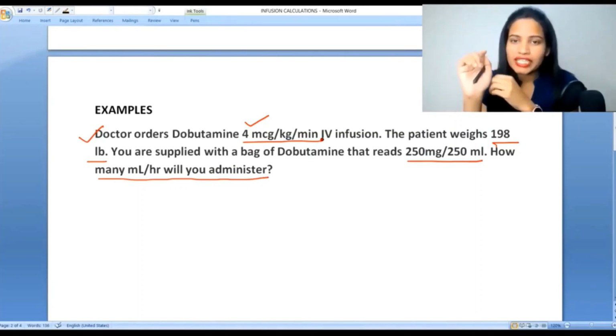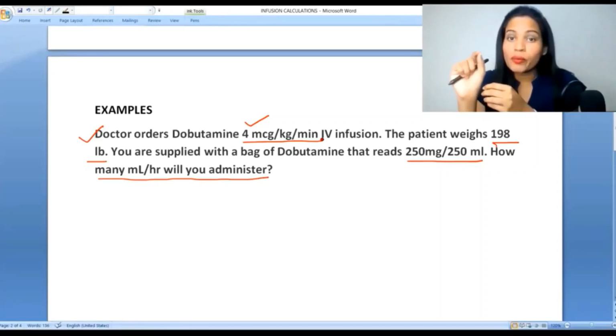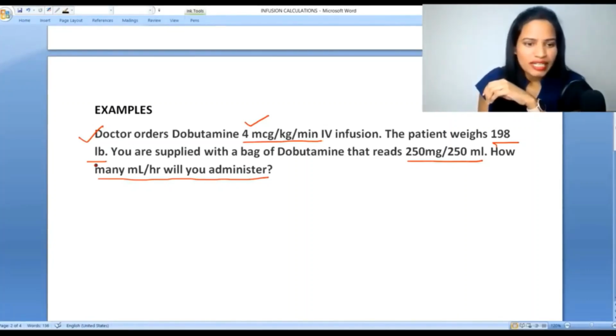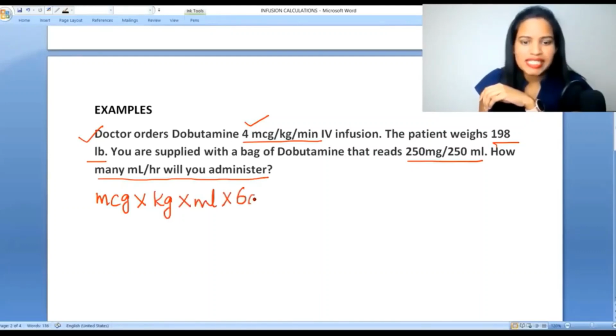But in the fluid calculation, you will be watching about ml per hour, and you will also see how many hours you have to administer. But in this, you will never have that. You will be calculating only per hour. So that's a clue. Coming to this, what is our formula? Mcg into kg multiplied by ml, means total stock volume, into 60 minutes.